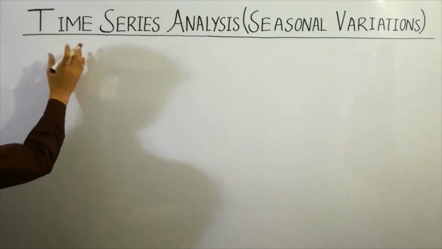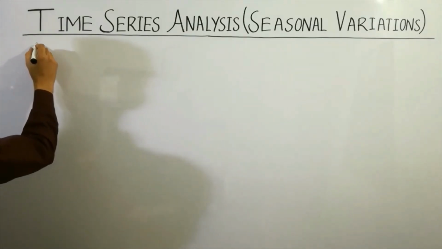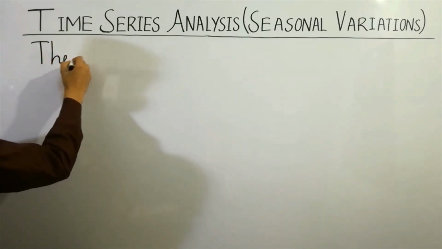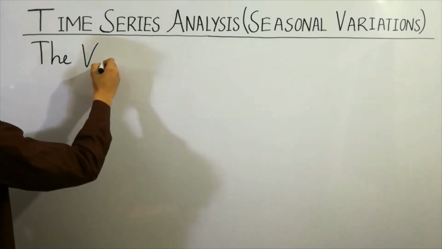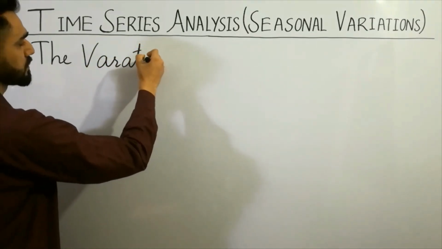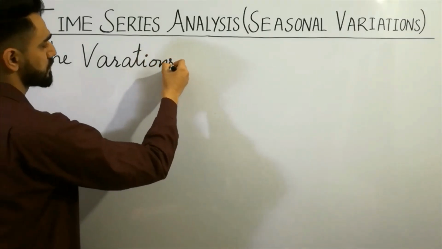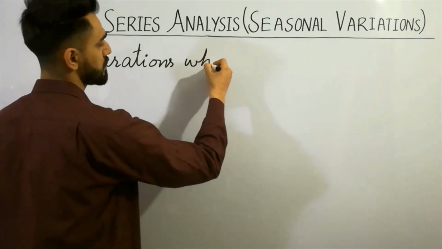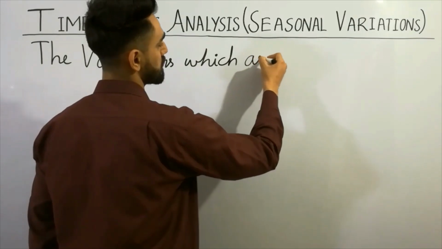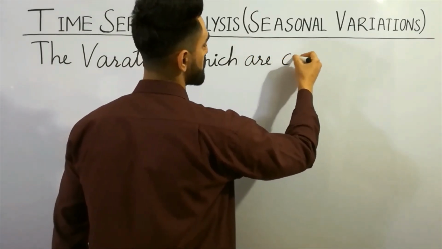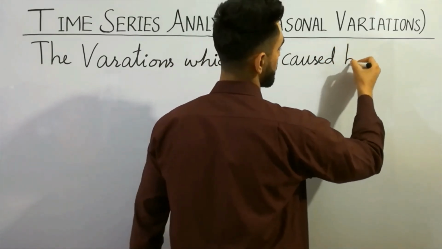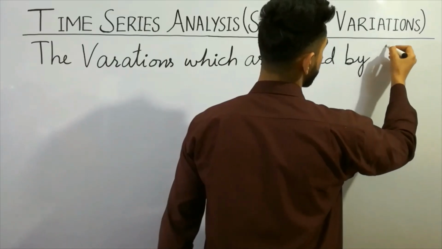Next, the definition with real life examples of seasonal variations. This is a component of time series analysis. Here, the very easiest definition: the variations, or changes, which are caused by seasons.